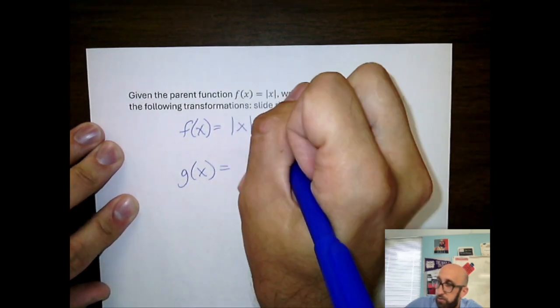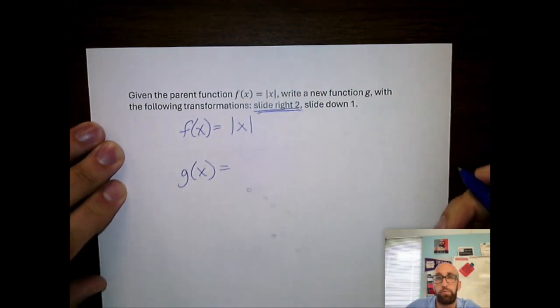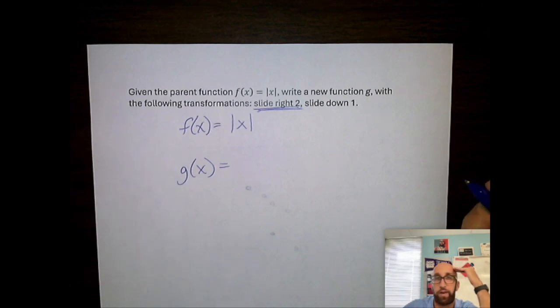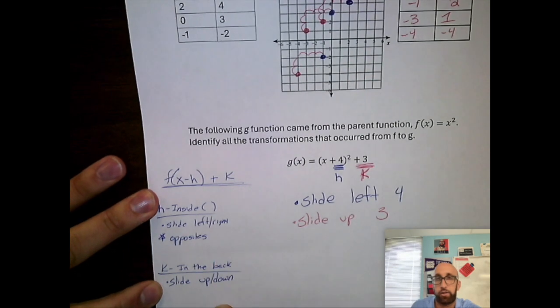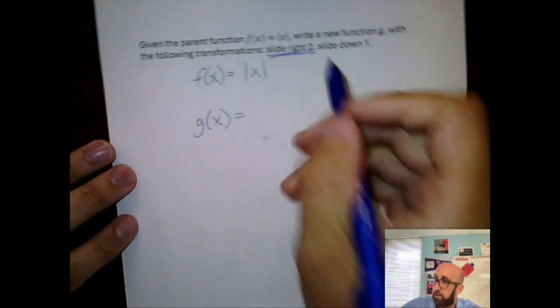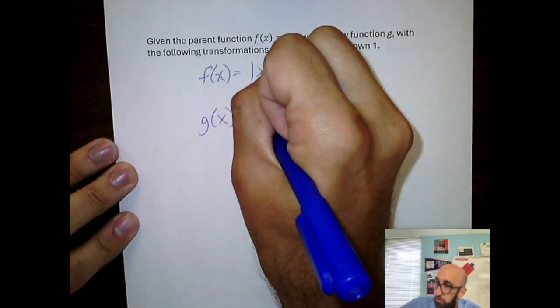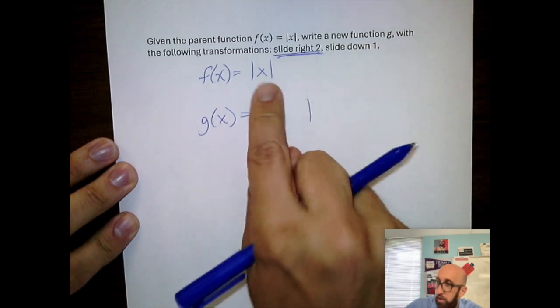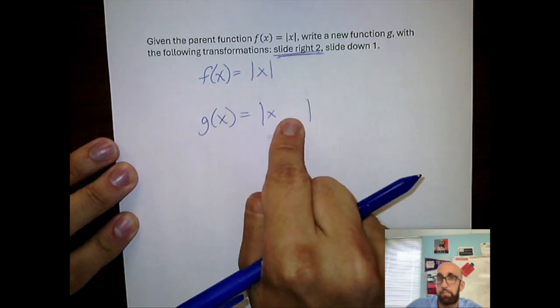The first thing I need to do is slide right 2. So I'm thinking, is that an h or a k situation? Sliding right is an h thing, and it needs to happen inside of parentheses or inside a grouping, and it needs to be opposites. So if I want to go right 2, I need to mess with the x inside of this parentheses.